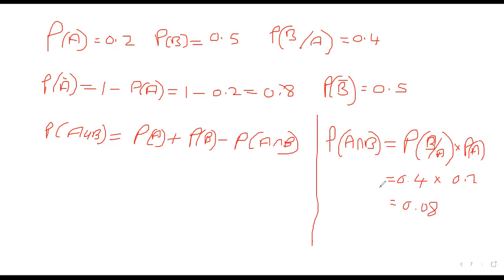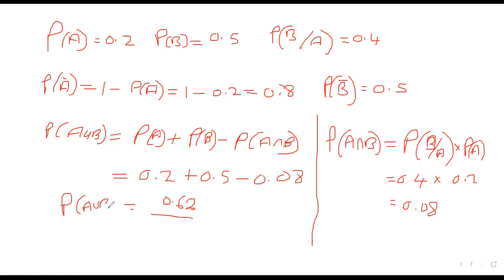So we go to this function here. Our A is 0.2, our B is 0.5, and the intersection is 0.08. So that's 0.7 minus 0.08. What are we getting? 0.62. Correct.